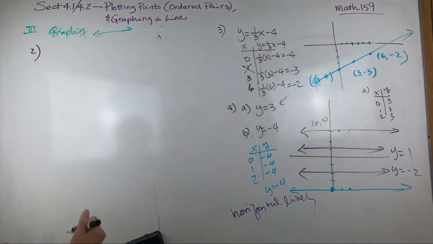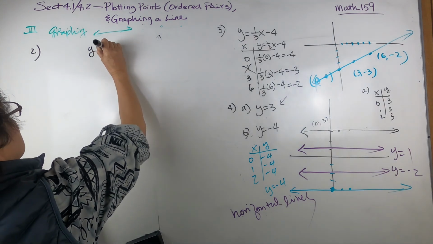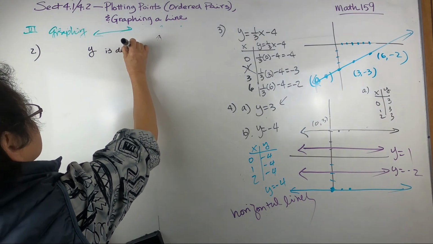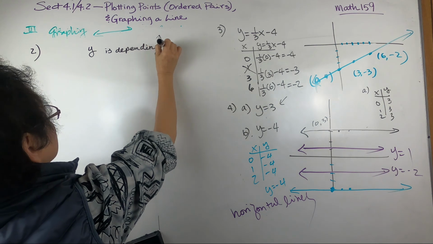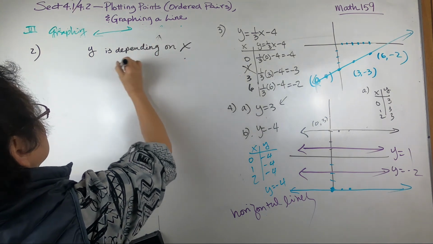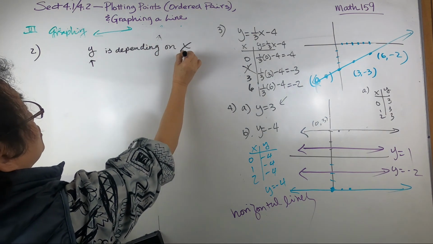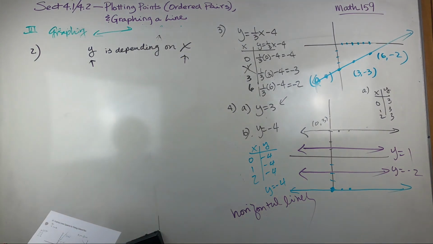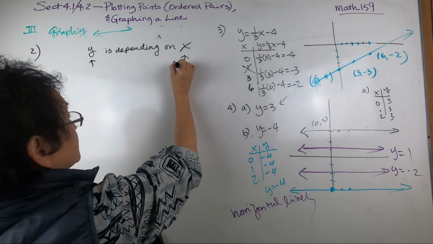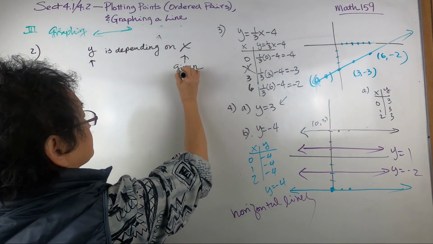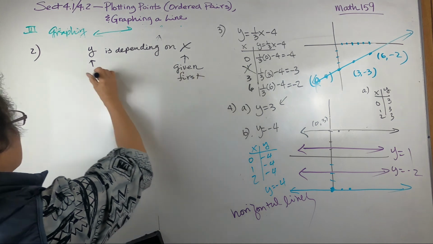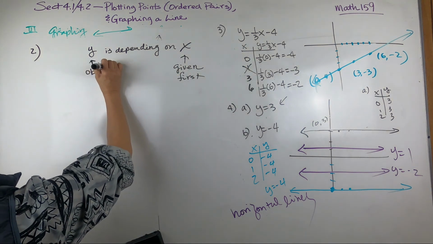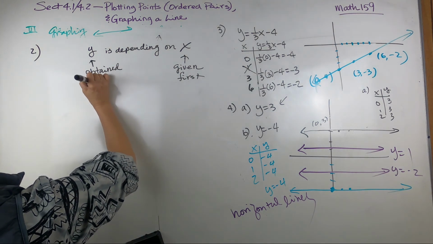That means y is depending on x. So if x changes, y will change accordingly. Okay? So x is given first. So this one is given first. Then y is obtained from x.